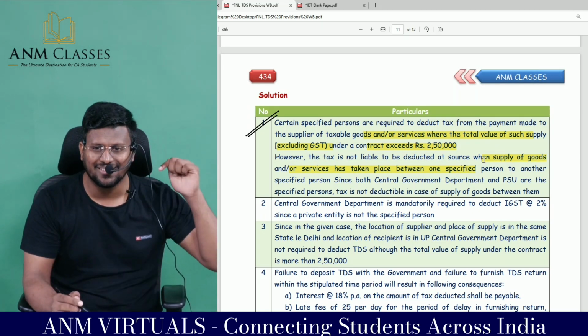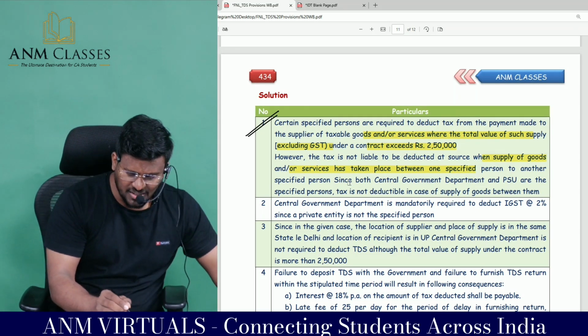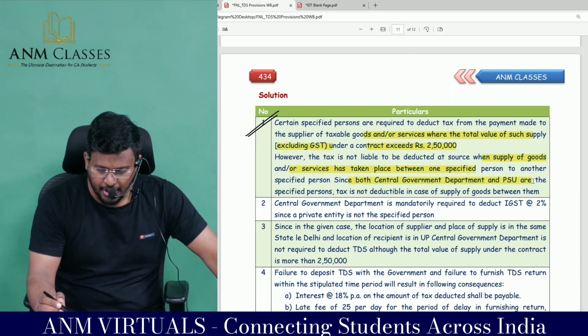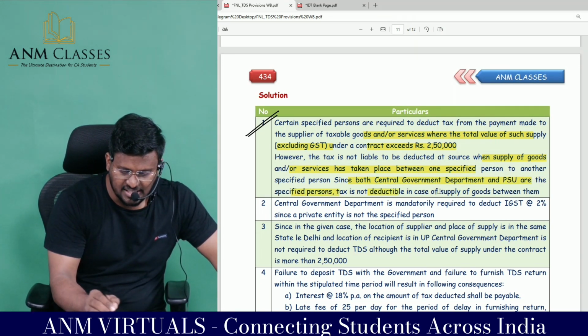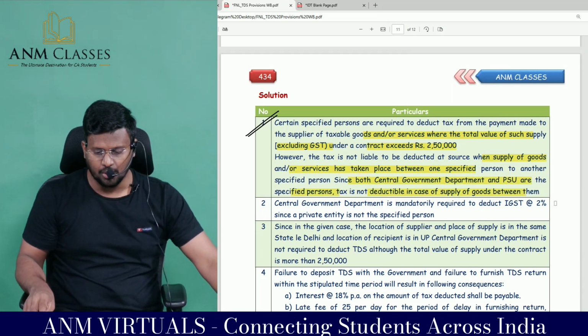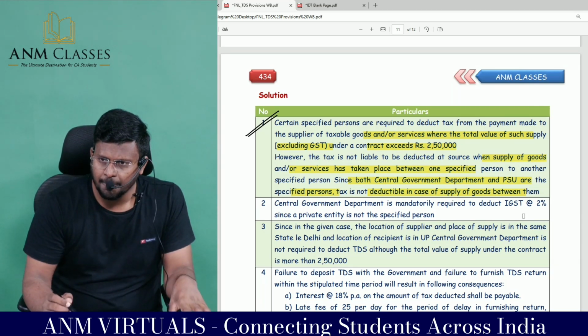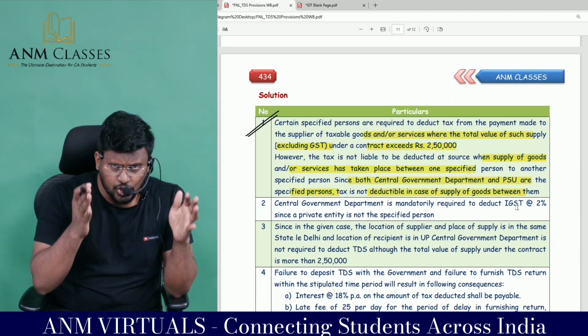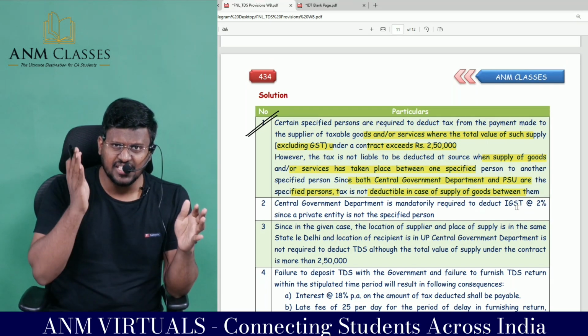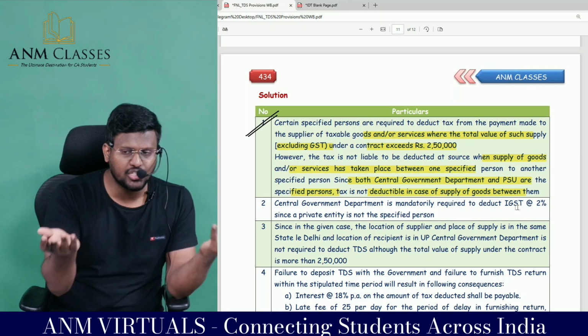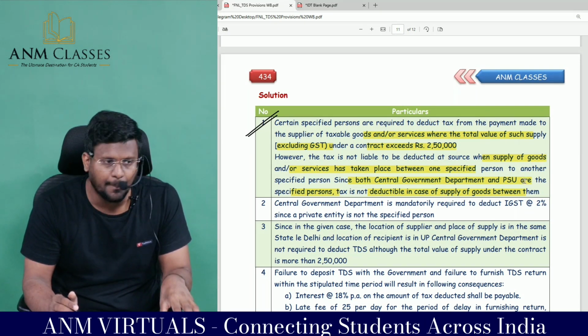This we have discussed in class. Since both central government department and PSU are the specified persons, tax is not deductible in case of supply of goods between them. So my dear lovable students, between those 4 specified people, if one person is supplying to another person, the provisions of TDS will not be applicable.